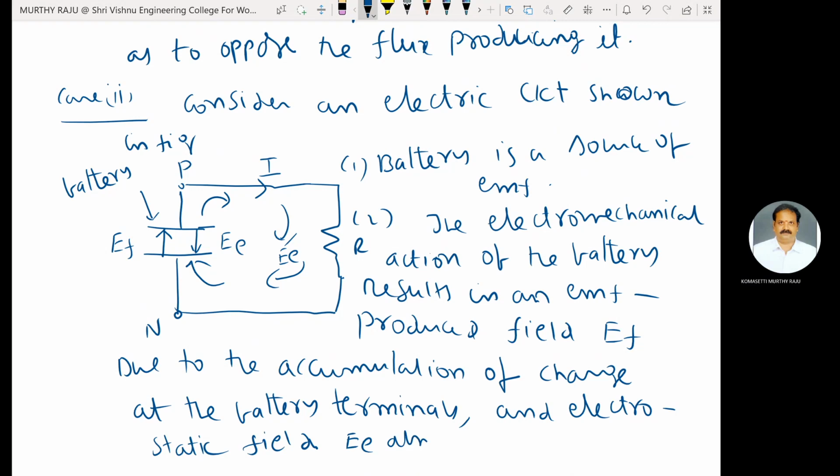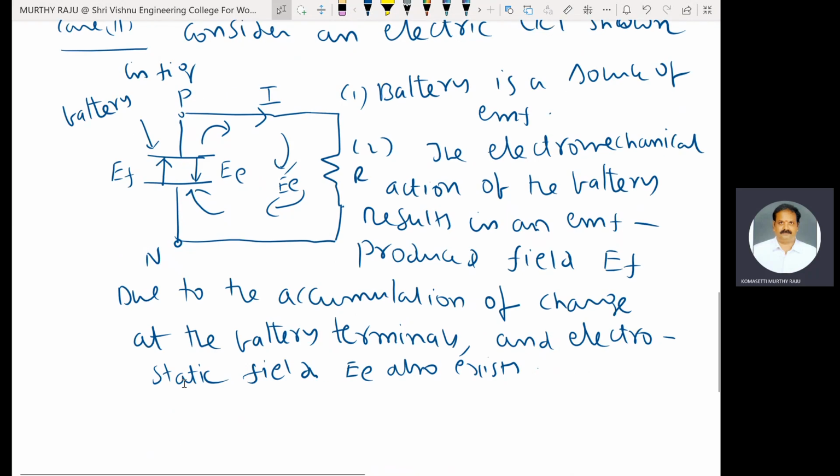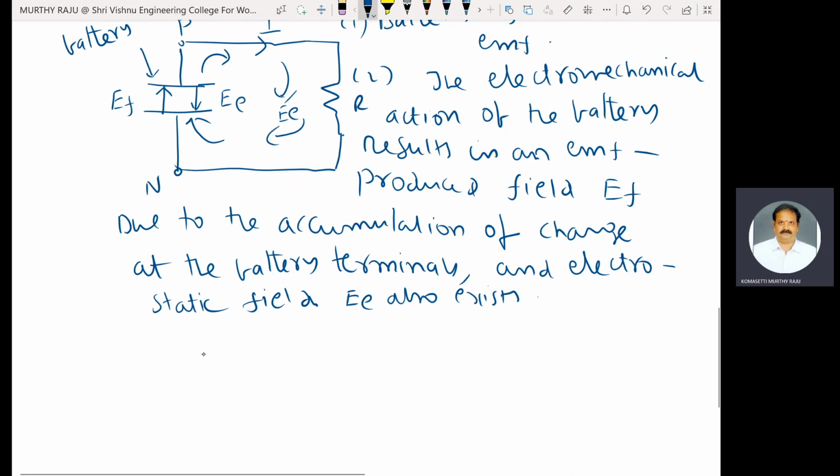Inside the battery we have two fields, E_F and E_E. The total electric field inside the source is E equals E_F plus E_E.